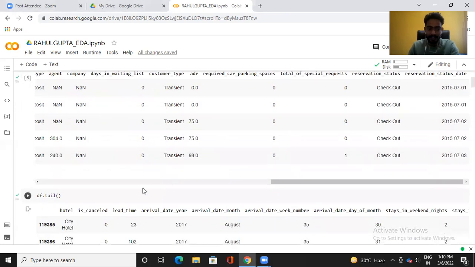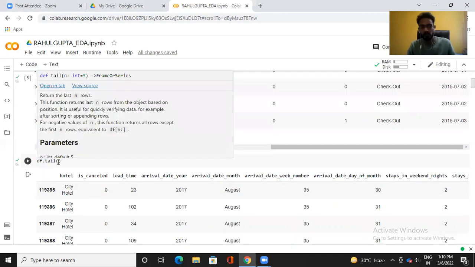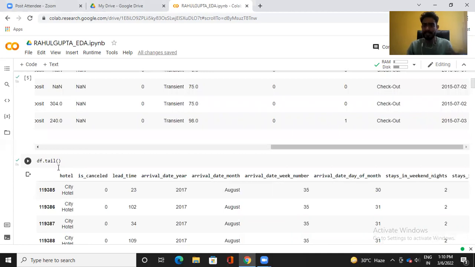Then I used df.tail for seeing the last 5 rows of our data set. We can also pass an argument for seeing more than 5 rows, like 7, 8, or 9 rows.